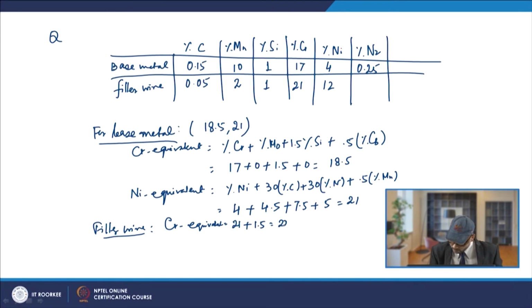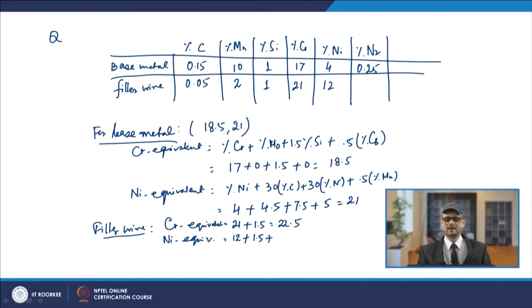So, it is 22.5. For the nickel equivalent, percentage nickel in this case is 12, and then you have 30 times percentage carbon, which in this case is 0.05. So, 30 multiplied by 0.05 will be 1.5.